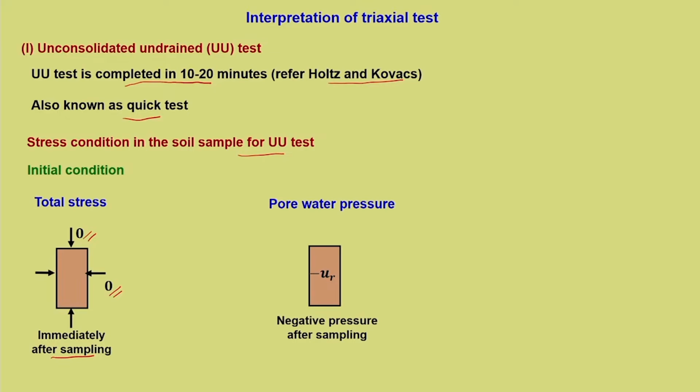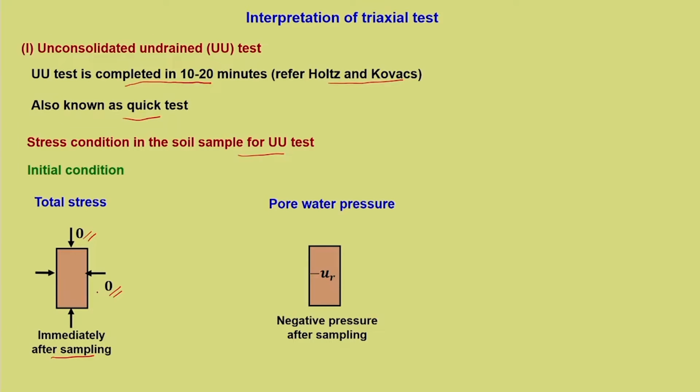Now, what is the pore water pressure? Whether pore water pressure will be 0 or it will be something else. We have already seen for a typical normally consolidated case with a value of 0.5. In our previous lecture we have seen the final pore water pressure will be always less than the pore water pressure when it was there in the field. That means it tends to become negative. So, here I am considering it to be negative because it is lesser than the initial condition.